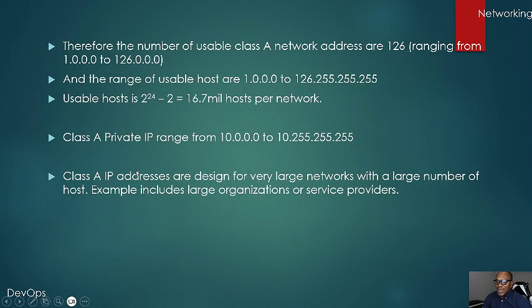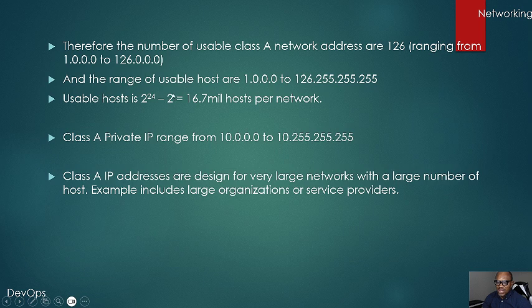Therefore the number of usable class A networks is 126, ranging from 1.0.0.0 to 126.0.0.0. And the range of the usable hosts is between 1.0.0.0 and 126.255.255.255. The usable hosts in a class A network is 2 raised to power 24 minus 2.